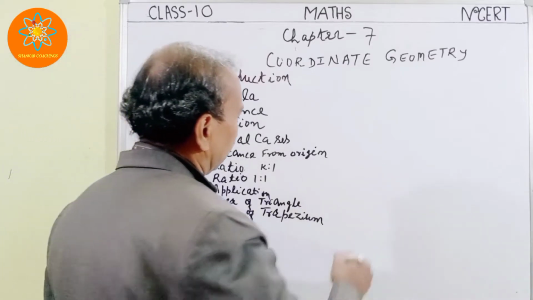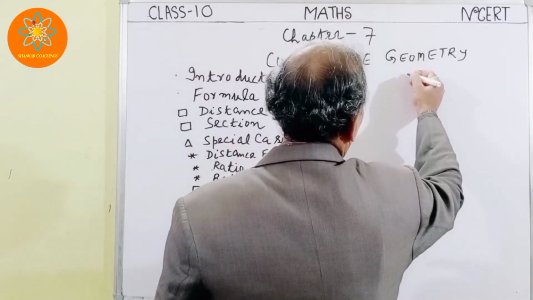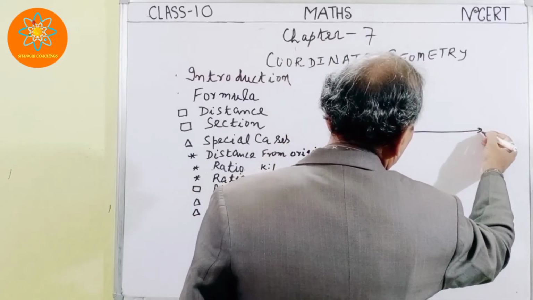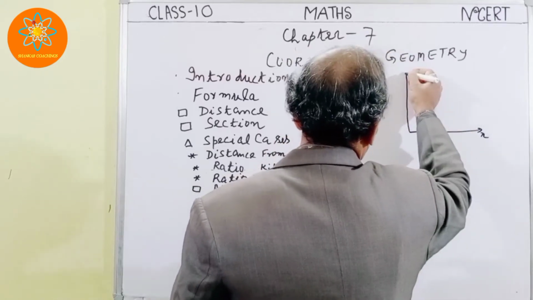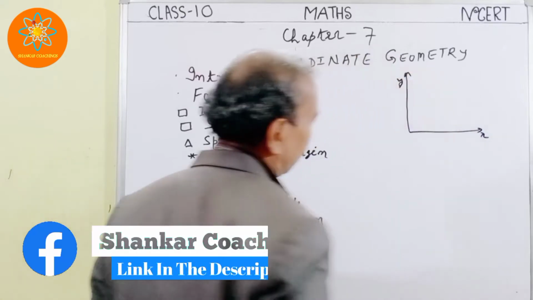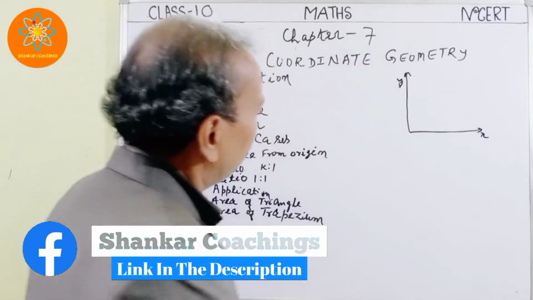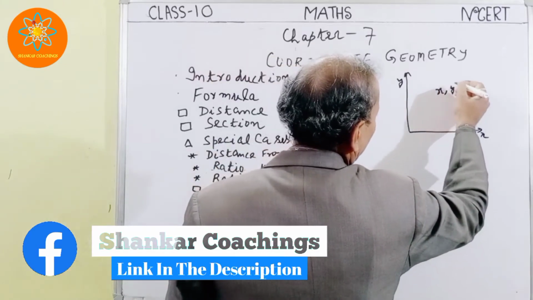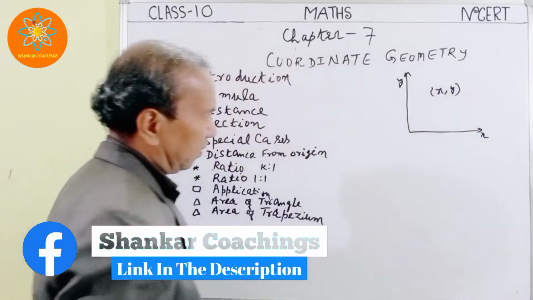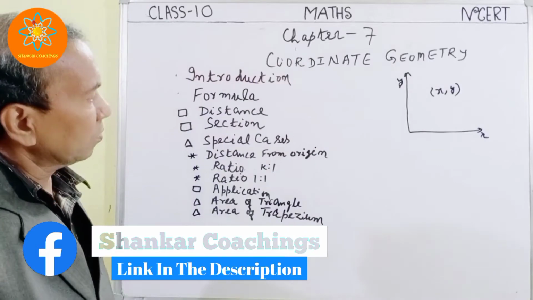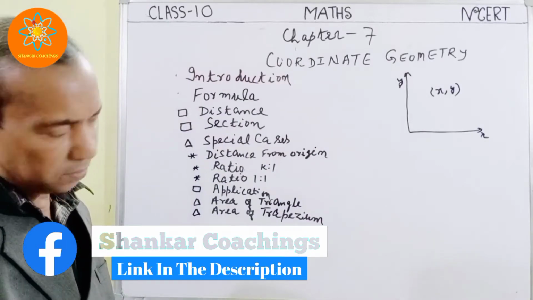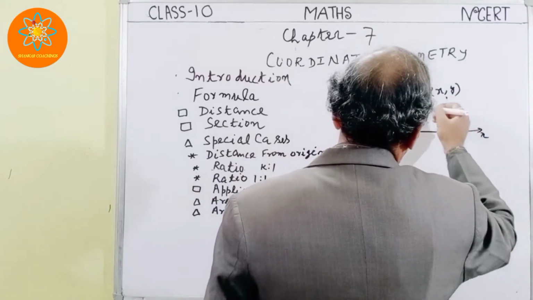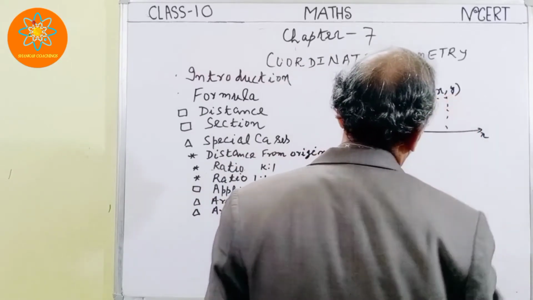In the introduction, let's suppose we have the coordinate like this. So I can locate this as x and this is y. This x and y has a distance from this point and a distance from this point.